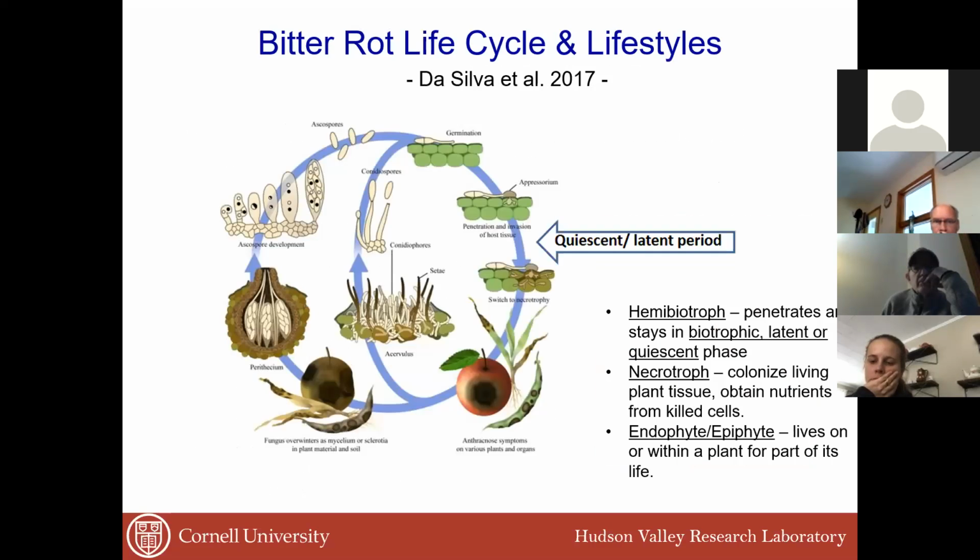So this is the life cycle of all the Colletotrichum species. You can see this larger blue circle there. That is a sexual reproduction stage of this fungus, which allows formation of perithecia, which is very similar to the apple scab fungus. In the perithecia, the pathogen forms ascospores, which are windborne and can reach the leaves and infect also fruit and leaves.